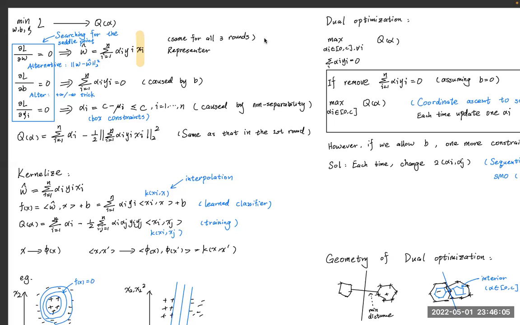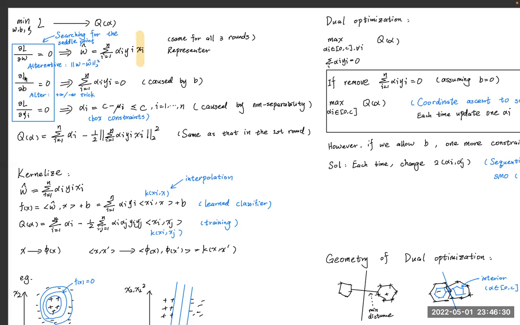And in the third round, we assume the data not separable so that we introduce slackness variables psi I. Okay, but we get the same representer. And this result is quite important for us to play out the kernel trick, or for us to kernelize SVM, as we will see later.